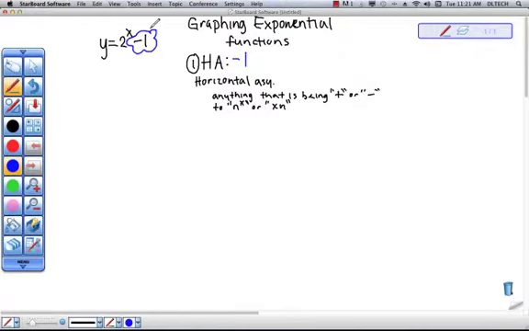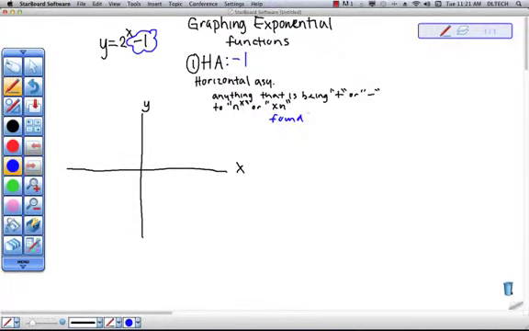Now that we found our HA, we're going to go ahead and graph it. Our HA would be found on our y-axis and graphed horizontally.